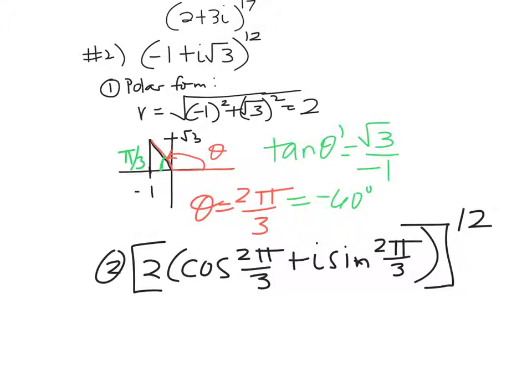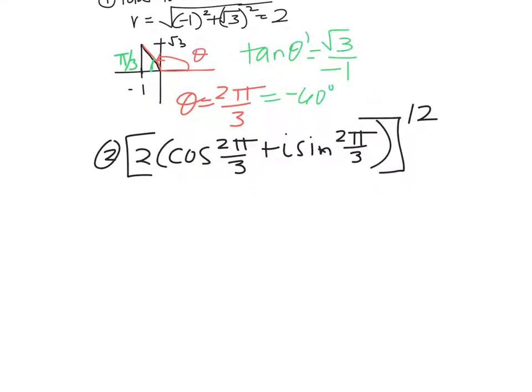Okay? So your first step is going from complex to polar. Now that we've got it in polar form, we're going to do de Moivre's theorem. So this is de Moivre's theorem. We're going to do 2 to the 12th power. Of course, you'll get your calculator for this. And then we're going to do times cosine of 2 pi over 3 times 12.